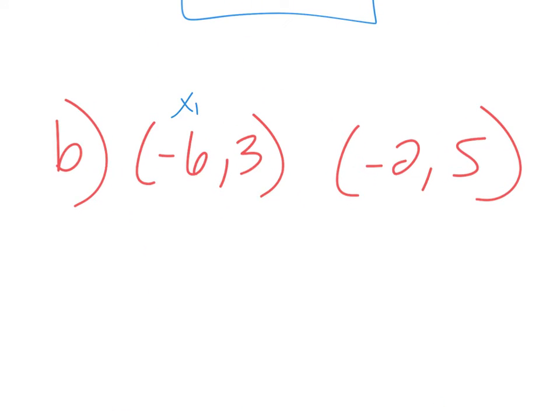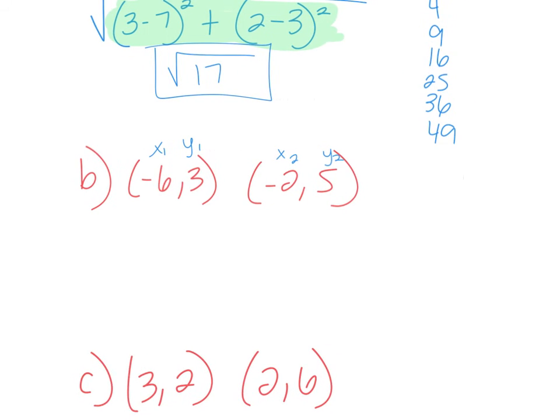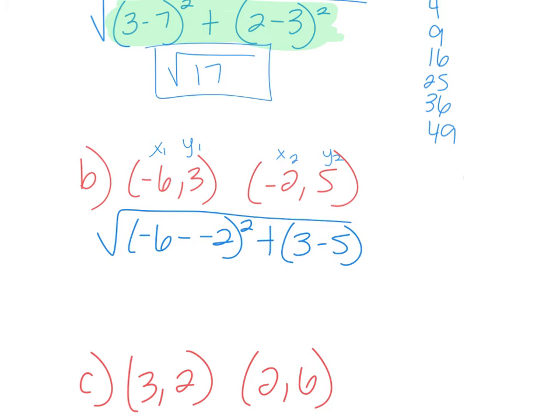Okay, let's do another one. So first one, label x1, y1, x2, y2. I have the square root of -6 minus -2 squared plus 3 minus 5 squared, all underneath the square root.